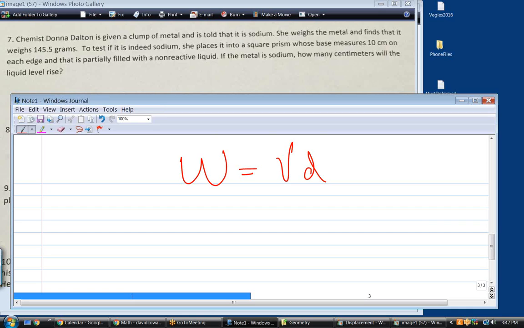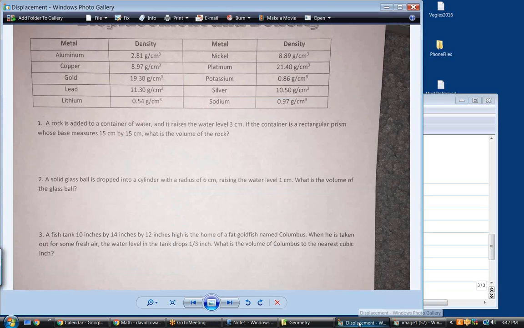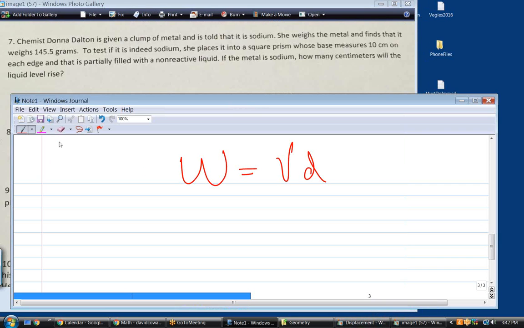We know it's sodium, so we can immediately replace the density with 0.97 grams per cubic centimeter. Its weight is 145.5 grams.